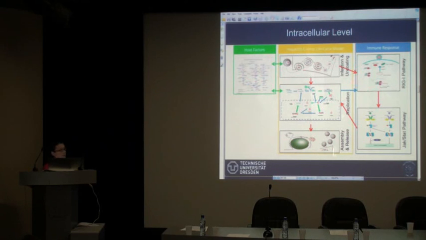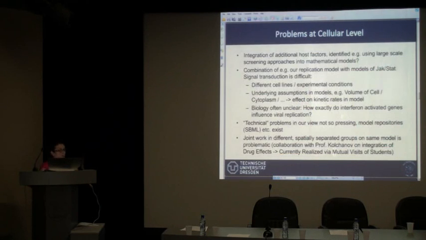Also, for the immune response, here we have models for the RIG-I pathway, which triggers the JAK-STAT pathway, and then interferon is released, which leads to an antiviral state of cells, and this all has to be taken into account. However, there are several problems, of course, that's not easy.